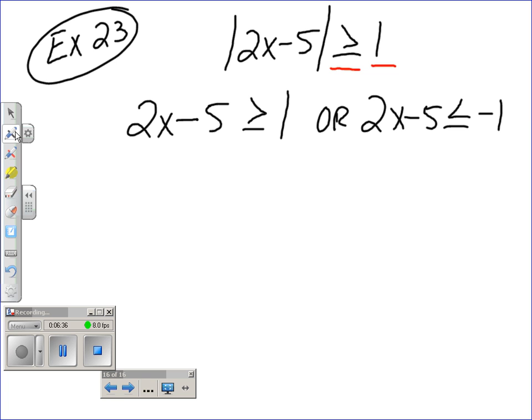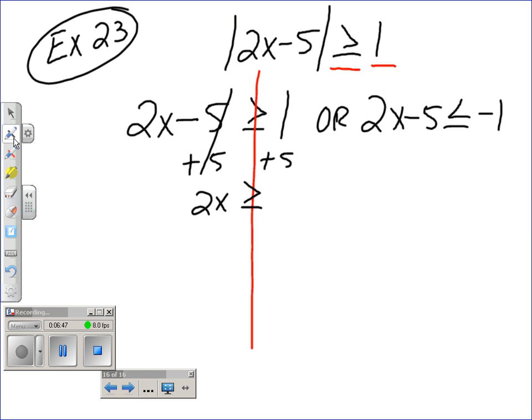Now let's go ahead and finish our equation. I add 5, 2x is greater than or equal to 6. Divide that 2 off, and x is greater than or equal to 3. That's the first solution.